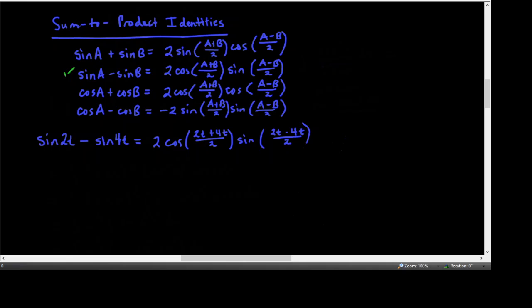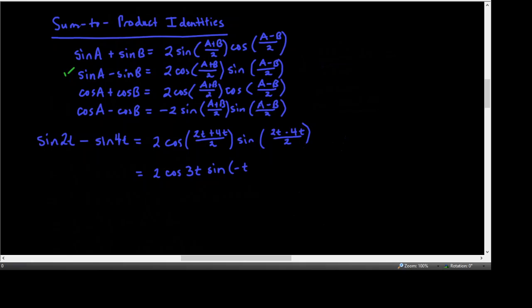Now we have to simplify. See, 2t plus 4t is 6t. 6t divided by 2 is 3t, times sine of 2t minus 4t is negative 2t, divided by 2 is negative t.